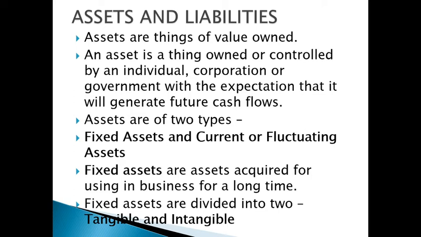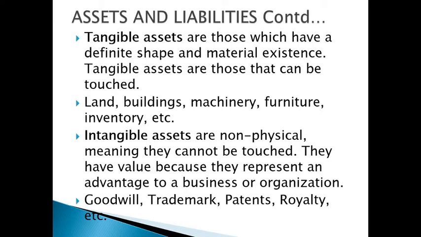Fixed assets are divided into 2: tangible and intangible. Tangible means which we can see, feel, touch, which has a material existence. Intangible means which we cannot touch. They cannot be felt. Goodwill, trademark, patents, royalty, etc. are intangible assets.